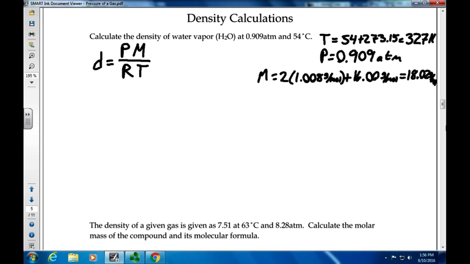So now we have all the pieces because we know that our R constant is 0.0821 liter atmospheres per Kelvin mole. It's just a matter of plugging everything in.